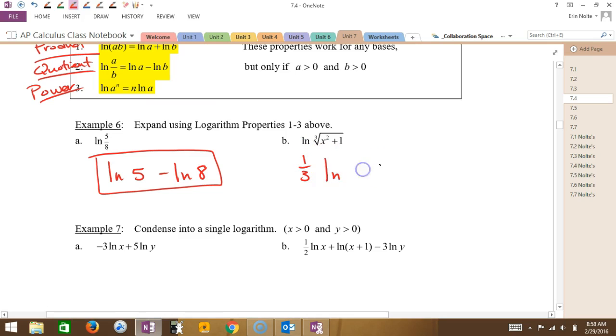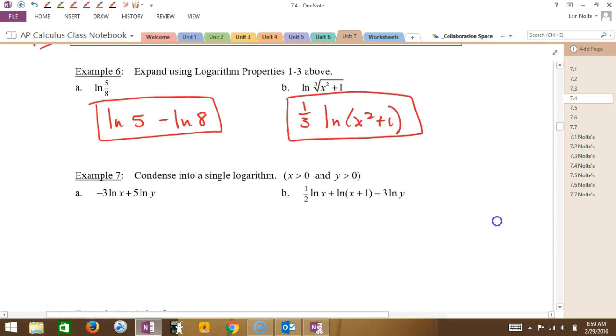And then the natural log. What do I do with the x squared plus 1? Can I separate that and do a product rule on it? Huh? No. You cannot separate a quantity that's after a log. Okay? Try to remember that because they'll try to trick you with that. You can only condense it if there's 2 logs written together.